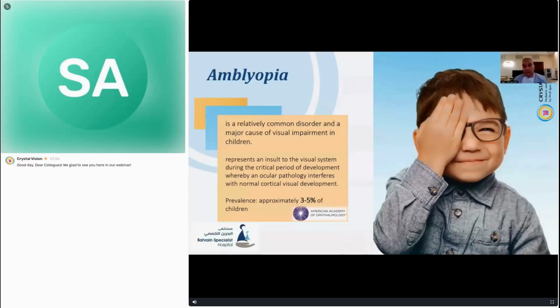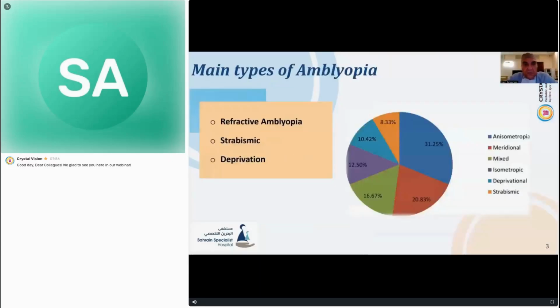The cause can be anything, starting from tapetoretinal dystrophy, and including congenital myopia, astigmatism, hyperopia, strabismus, optical media disorders, cataracts, and so on. All of this can be a source of amblyopia, which is a condition that affects vision and can lead to permanent vision loss. As I mentioned, there are many causes of amblyopia, which is why it is classified accordingly.